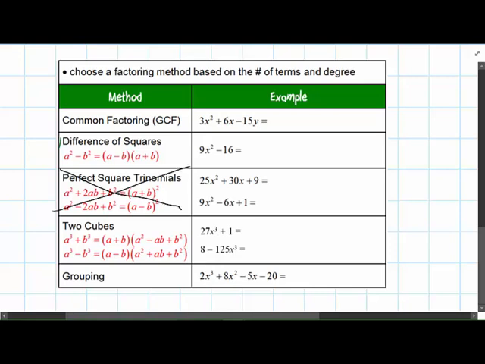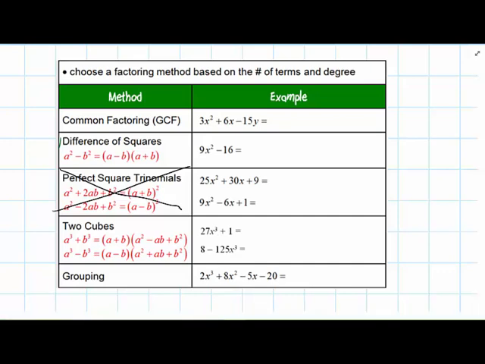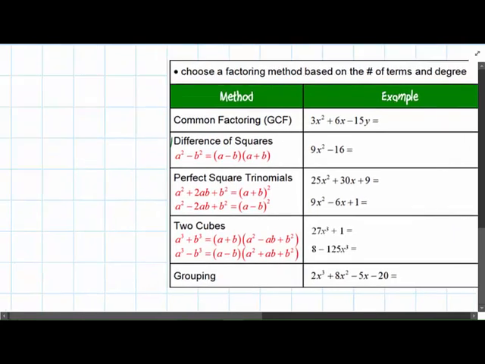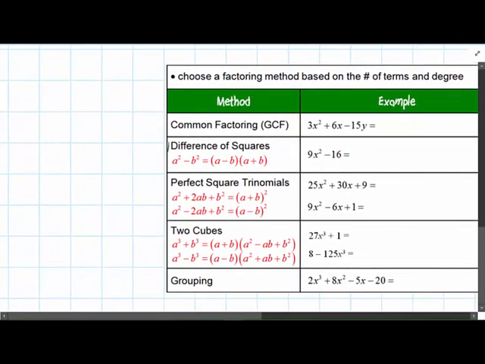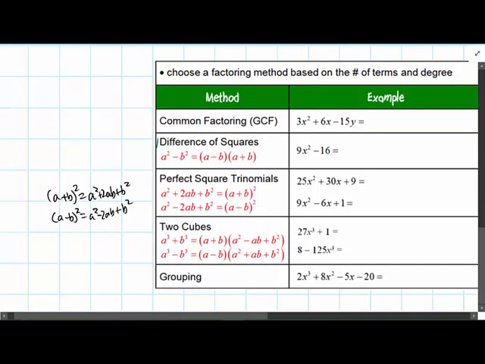I would memorize it the other way: (a plus b) squared equals a squared plus 2ab plus b squared, and (a minus b) squared equals a squared minus 2ab plus b squared. I would memorize it like this instead of working in x, because many times you have to expand it, and expanding it develops more.